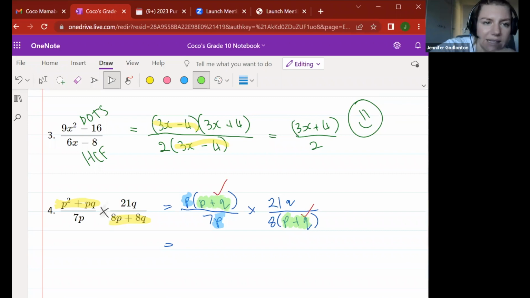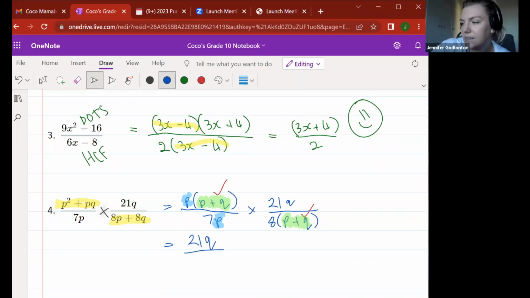Now, if those cancel, what we would be left with is 21Q over 7 times 8. So now 7 times 8 is going to give us 56. And if we got to this point over here, you can just pop that into your calculator like a fraction, you write your 21 over 56 and it will simplify it for you.